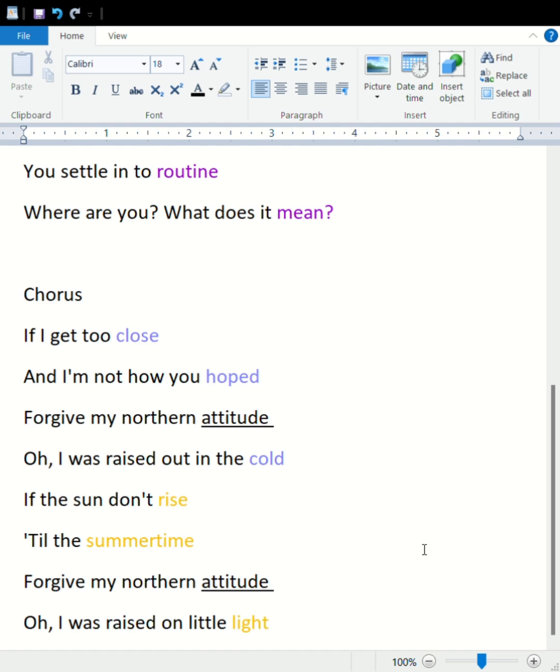It's the same for the second part of the chorus, where the lines have words like rise, summertime, and light. They all have that I vowel but end with different consonants, like S on rise, M with summertime, and T with light.